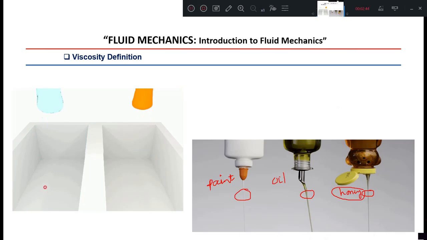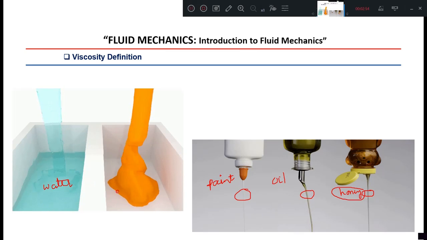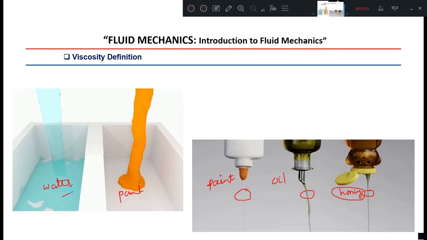You can look at this picture here. Water is pouring in this container, and here a paint is pouring. This is paint and this is water.